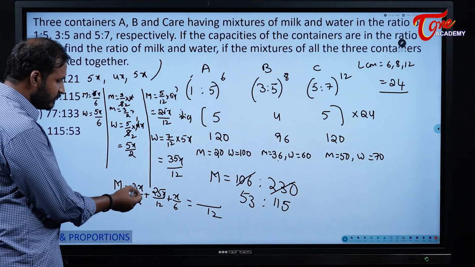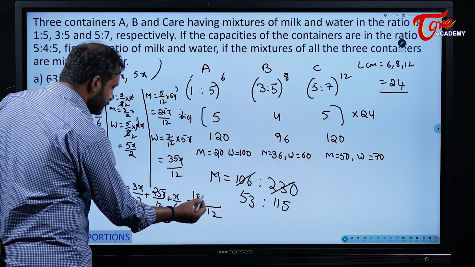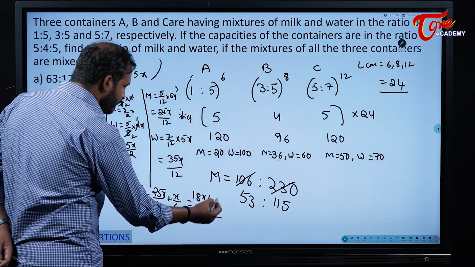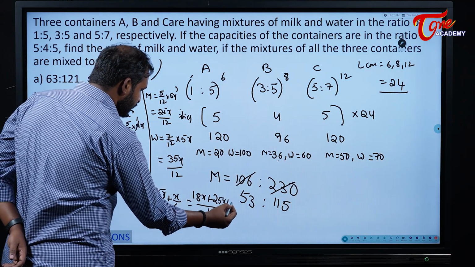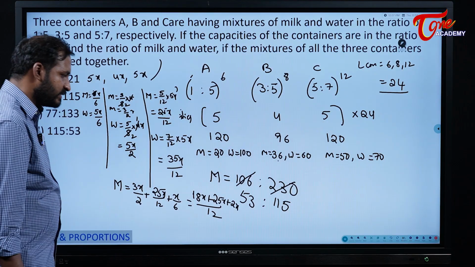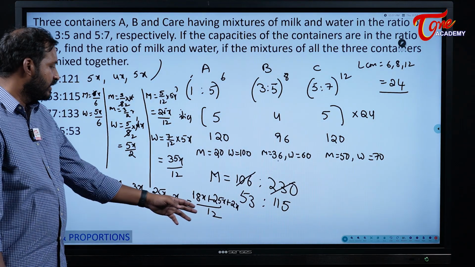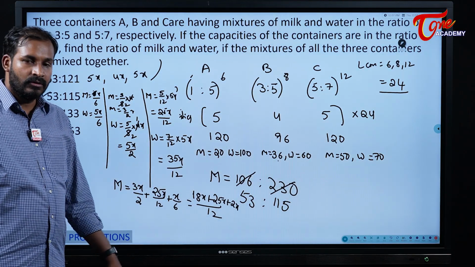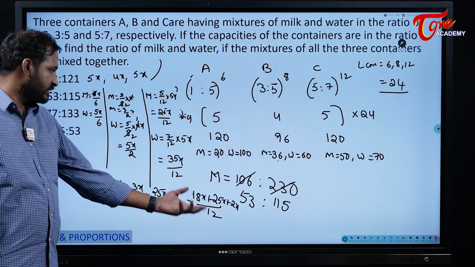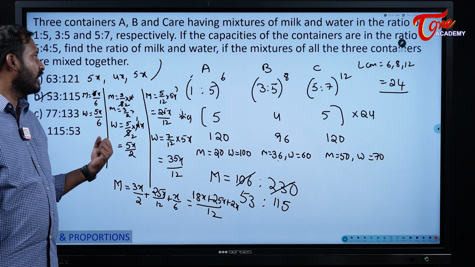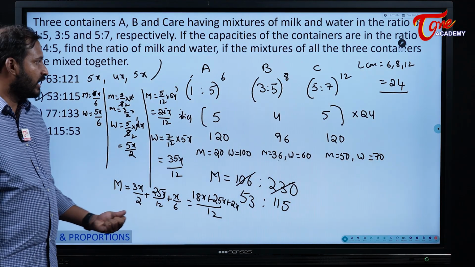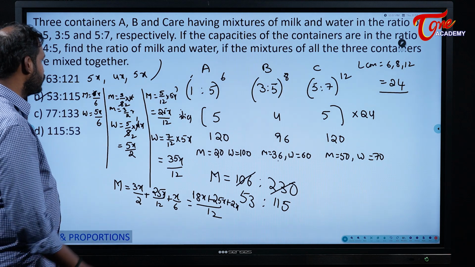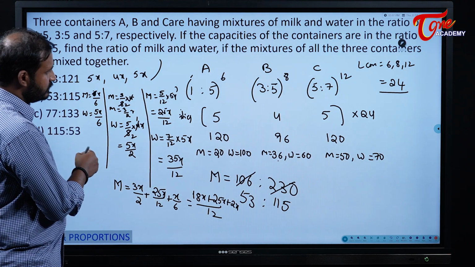If LCM is 12, so 18x plus 25x plus 2x. Like this you need to solve this one. You will get the milk portion and similarly the water portion, and you need to add all those things. Okay, understood? In this manner, you need to solve these questions.